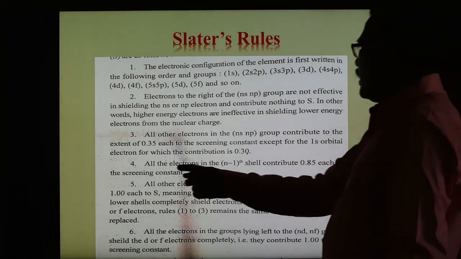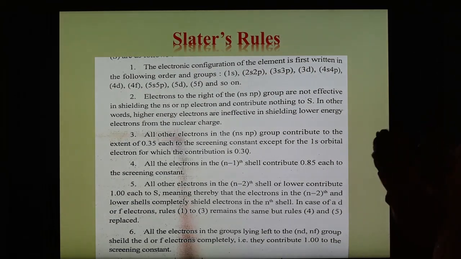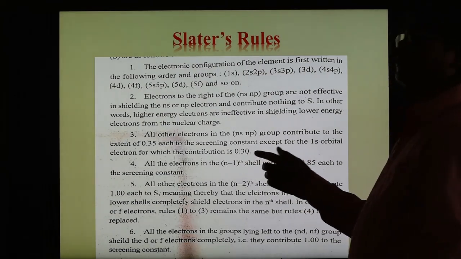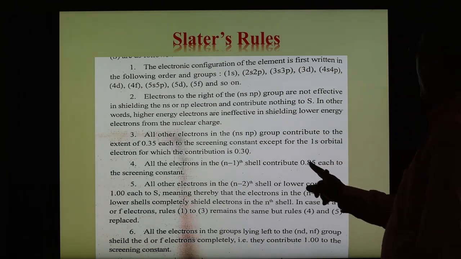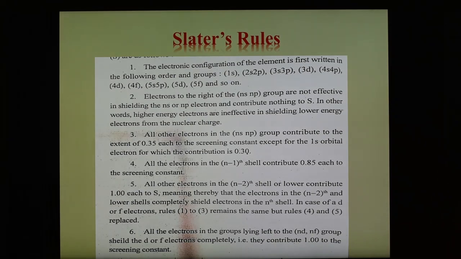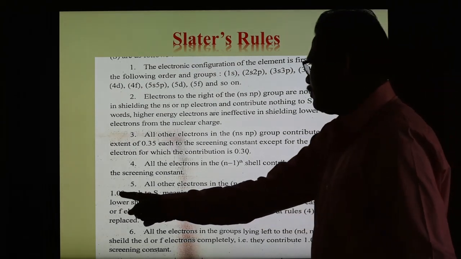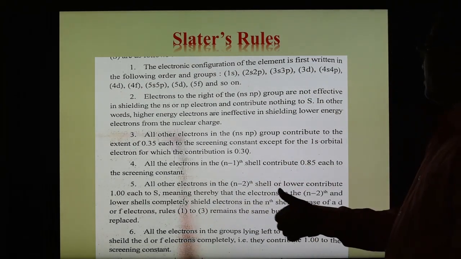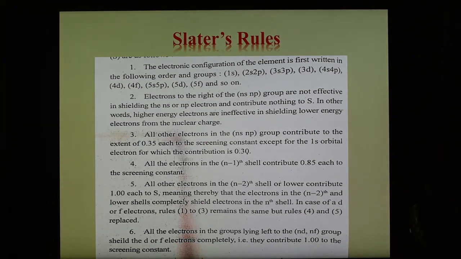So this is the third rule. Now the fourth rule is that the contribution is 0.85 for each electron present in the n-1 shell. And number 5 is that the contribution is 1 for each electron present in the n-2 shell or lower shells.